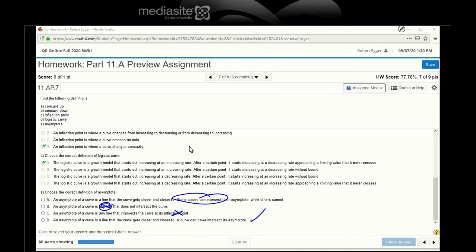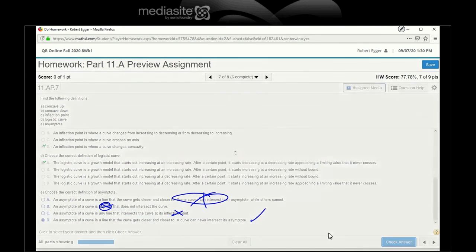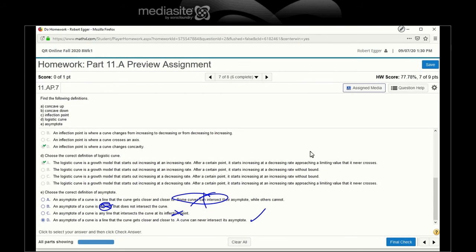And asymptote, the curves never cross it, never touch it. Definitely that one. Some curves can intersect their asymptote while others cannot.